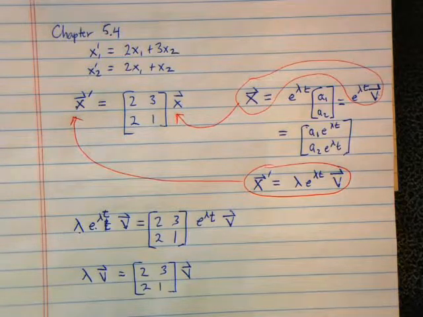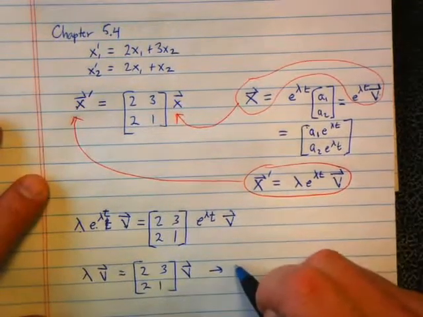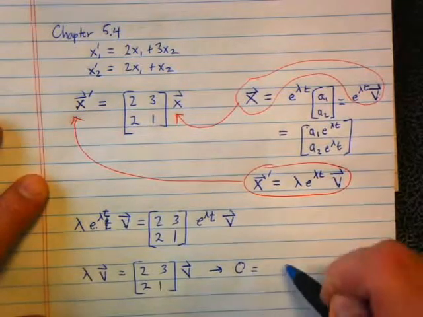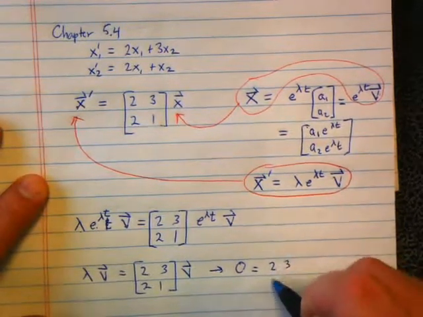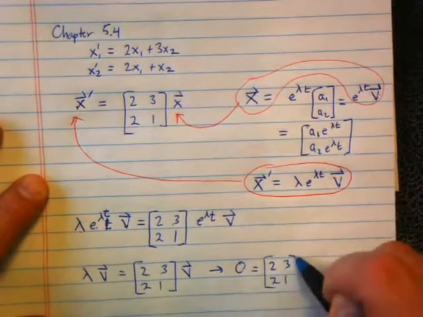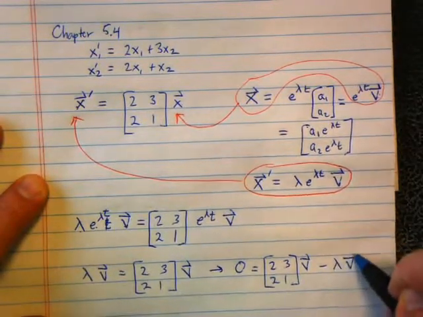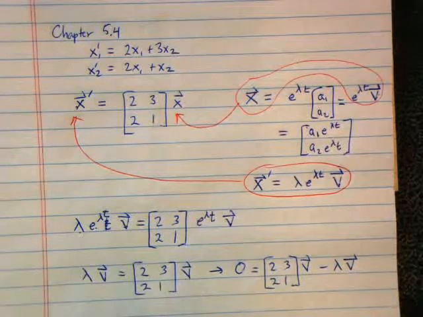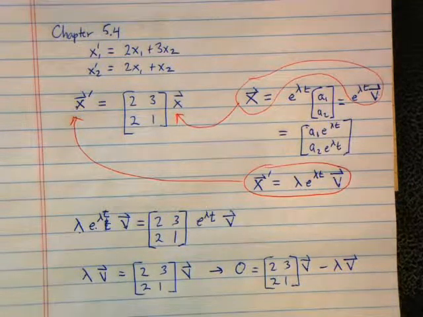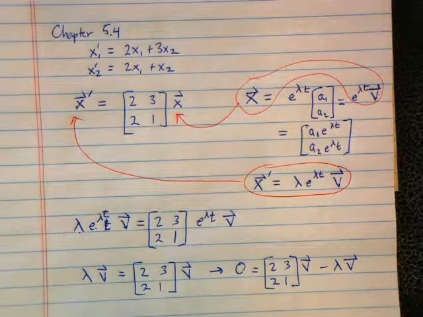What I can do is rewrite this as 0 equals [2, 3; 2, 1] times vector v minus lambda times vector v. Why would I do that? That's an excellent question. It makes it homogeneous, and more importantly, I can factor out a v.